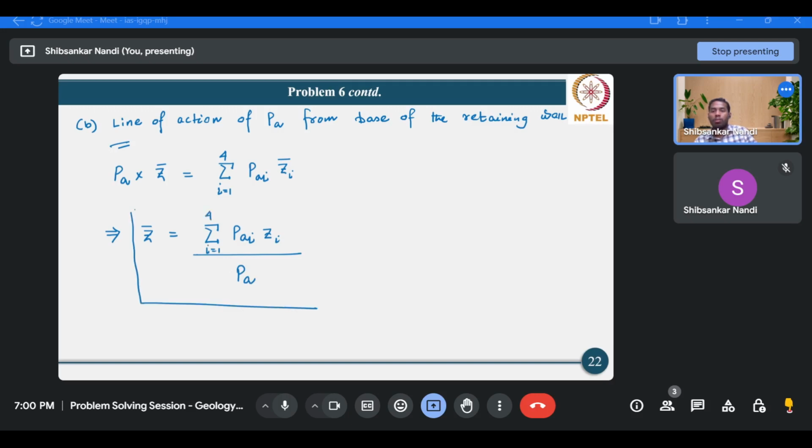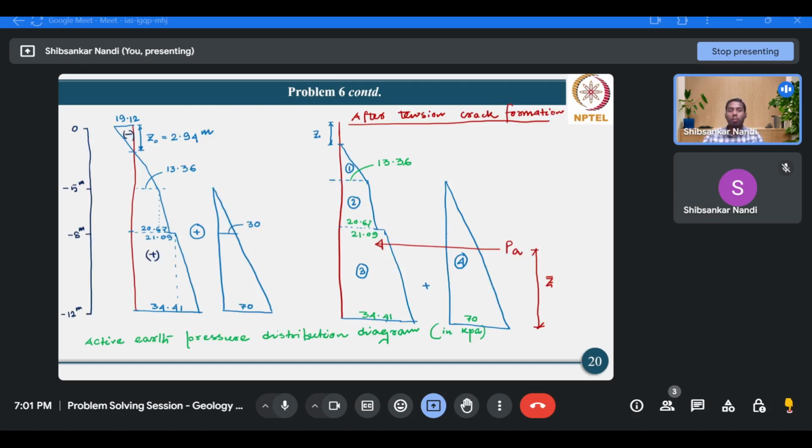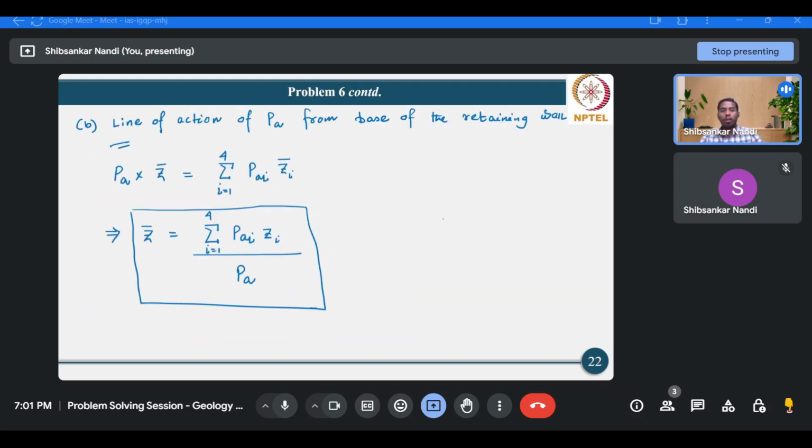Okay, so therefore we have to additionally calculate the lever arm of all these components, the ZI bars, because PA and I we have already calculated, so this is known.